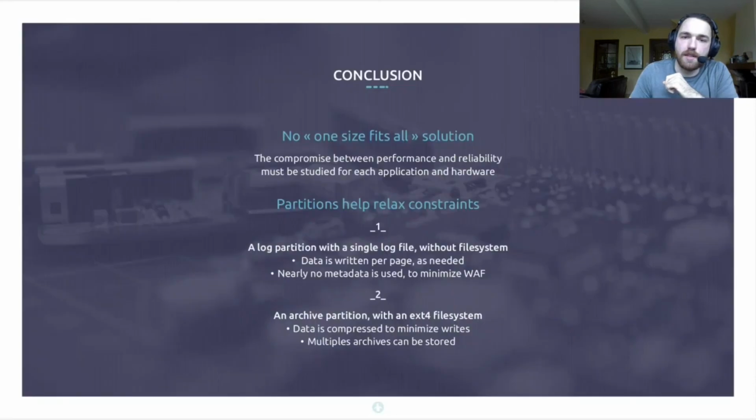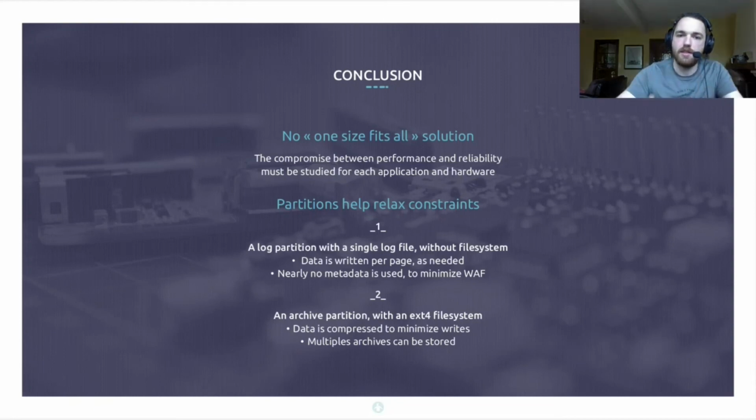So, in conclusion, for this problem, as usual in engineering, there's no one-size-fits-all solution. It's always a compromise. Here, you have to make a compromise between your real-time performance, the reliability you want for your data, and the lifetime of your SSD. Here, if you want to maximize the SSD lifetime for log-type operations of this kind, our proposal is to use two partitions. The first one will be without any file system.